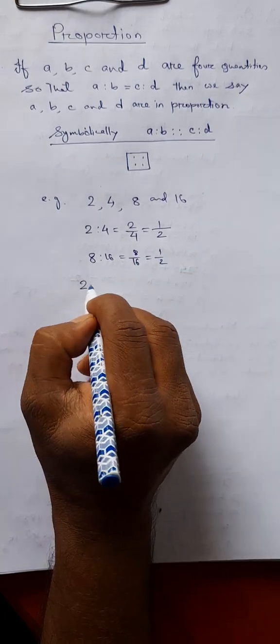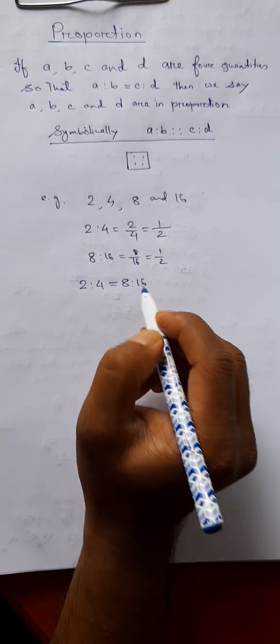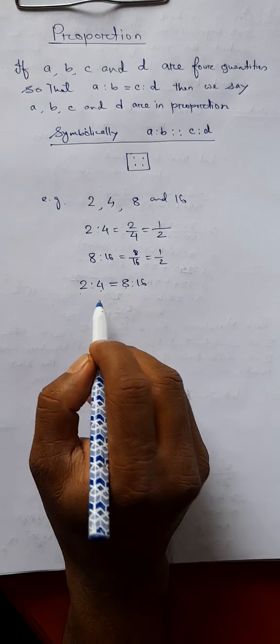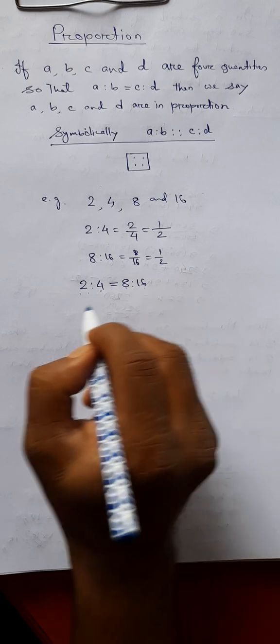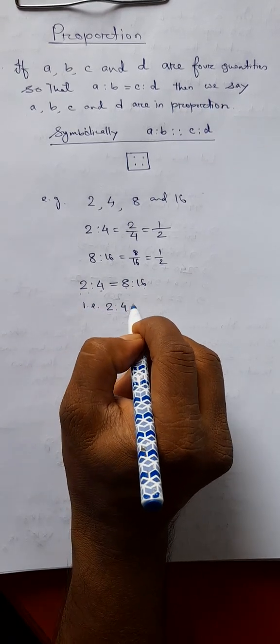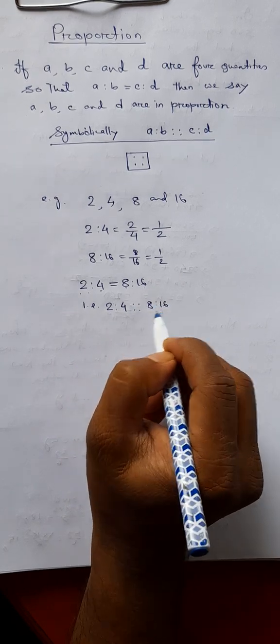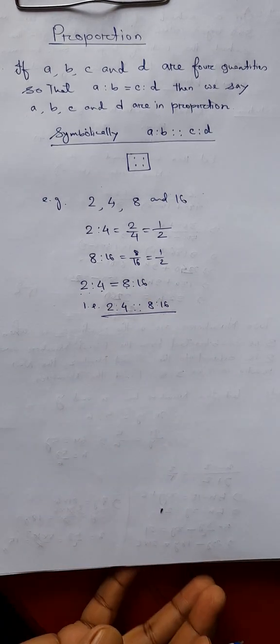That means 2 is to 4 equal to 8 is to 16. A, B, C, D are in the relationship A is to B equal to C is to D. So symbolically we write 2 is to 4 :: 8 is to 16.